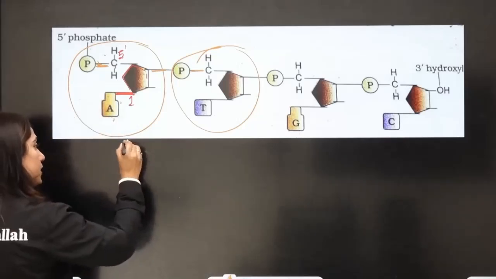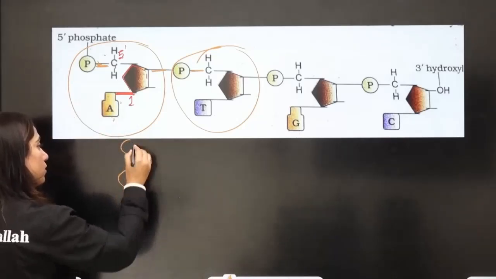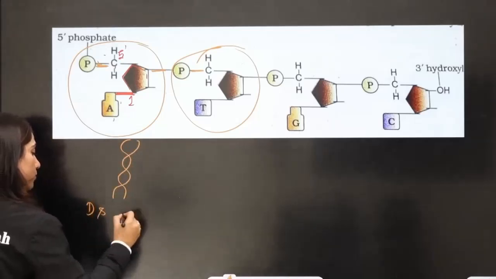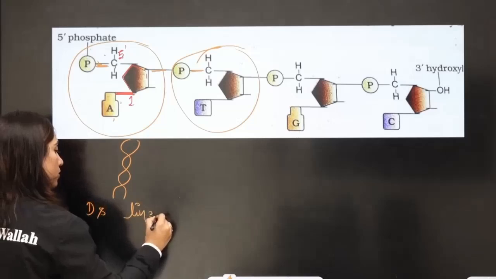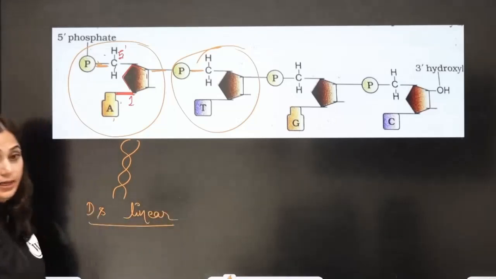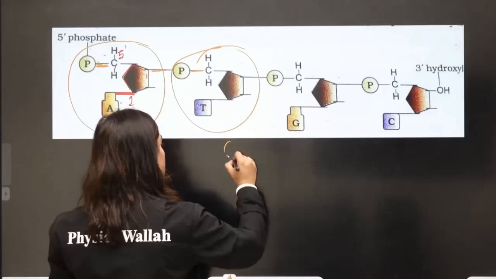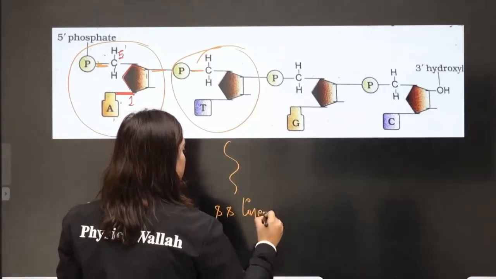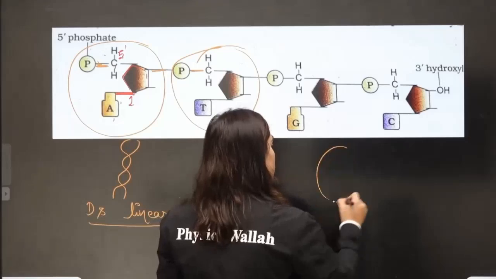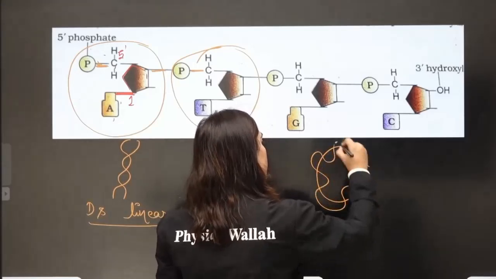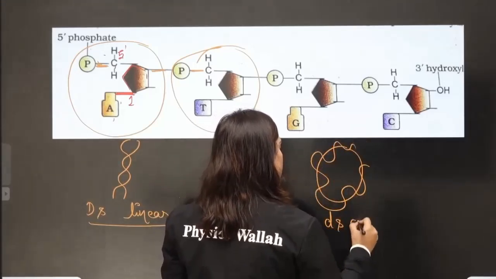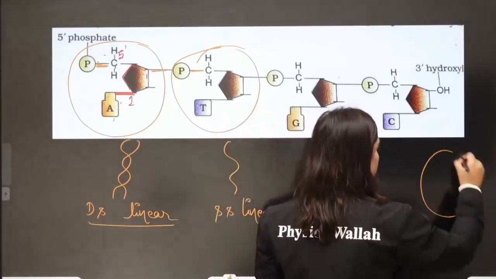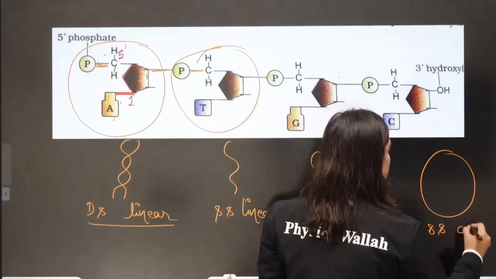That means the DNA can be double-stranded linear, single-stranded linear, double-stranded circular, or single-stranded circular.